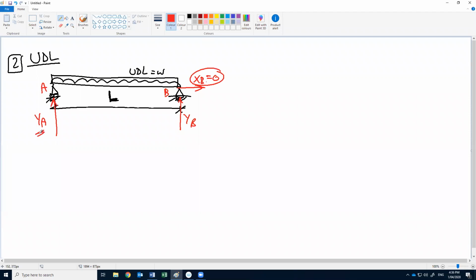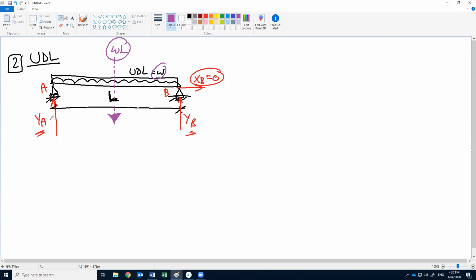How to find YA and YB? Before finding them, how can we deal with the uniform load? We need to concentrate the uniform load into one equivalent resultant. What is the value of this resultant? W multiplied by L, right? W is the load, L is the span.